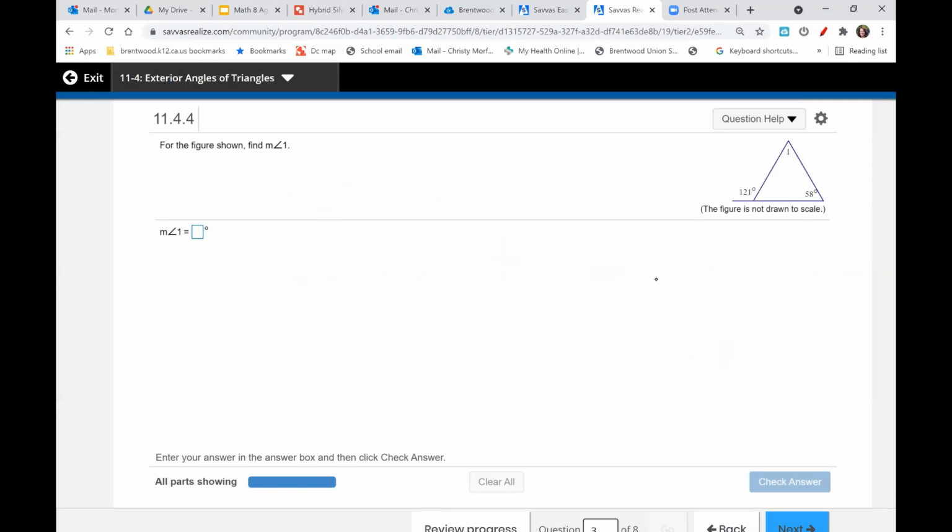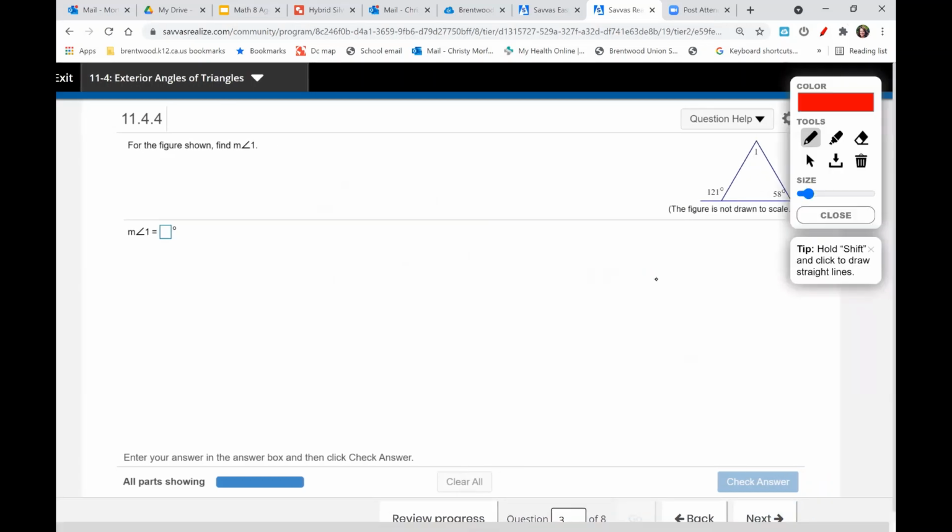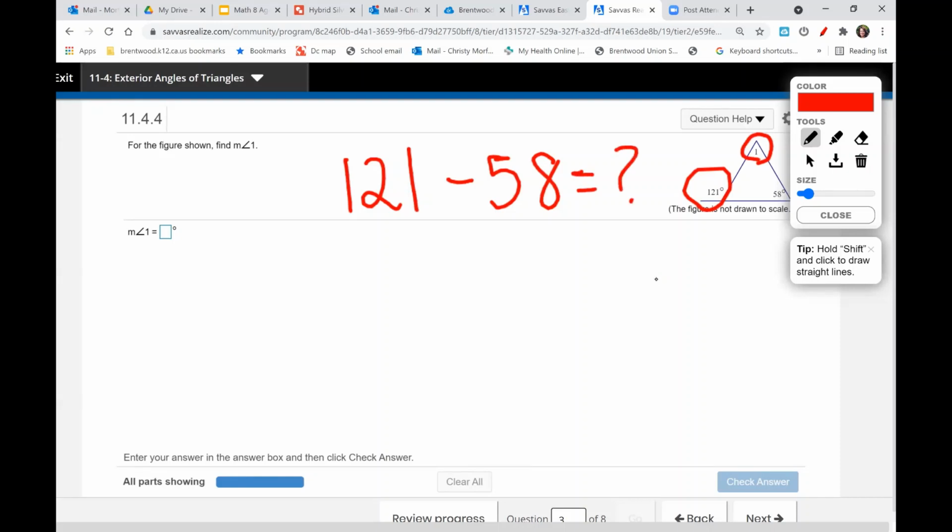If you look at number 3, same concept, but you got to be careful. This time, they give you the exterior angle, and they want to know what the remote interior angle is. So instead of doing the two added together, we would do the exterior minus the interior that you know to figure out that missing angle.